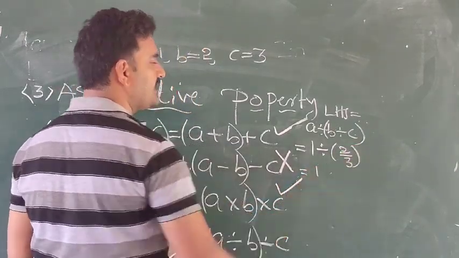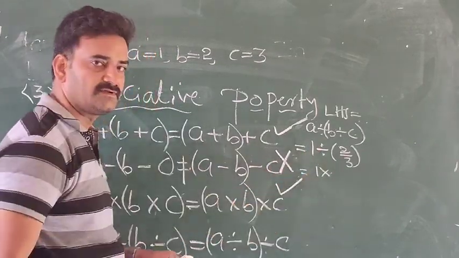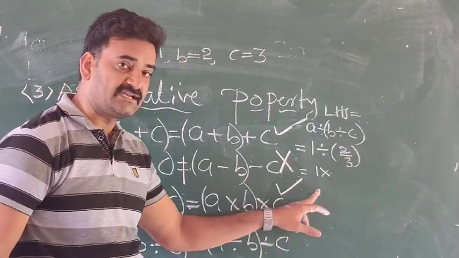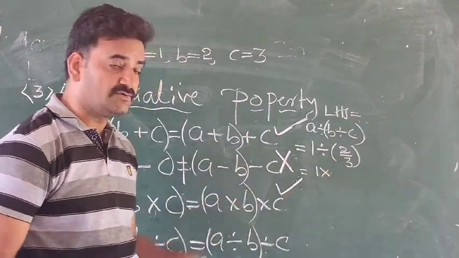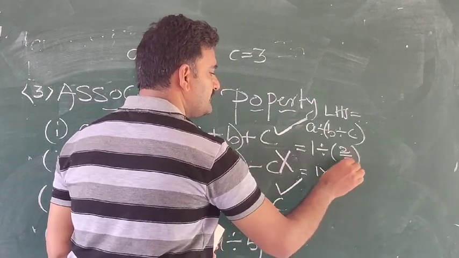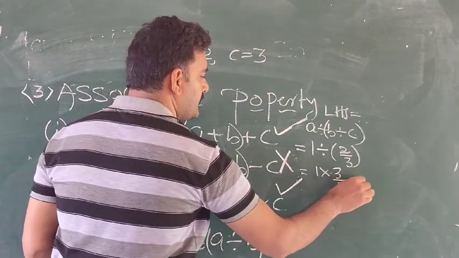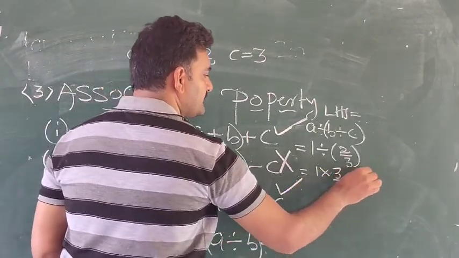Now this one as it is, this division becomes multiplication, try to understand, you learn in 6th standard. Division becomes multiplication, then it will become reciprocal. 2 divided by 3 becomes 3 divided by 2. Now 1 into 3 by 2 is 3 by 2.